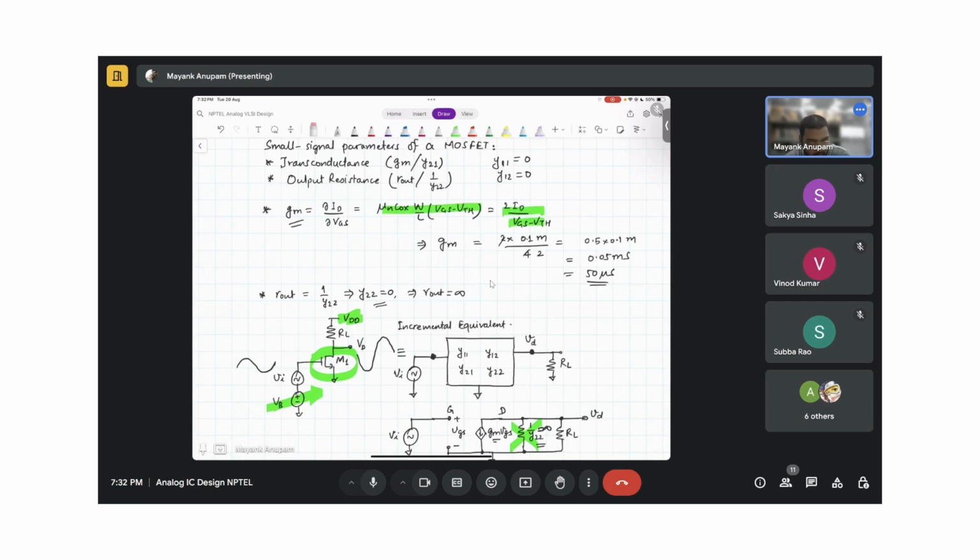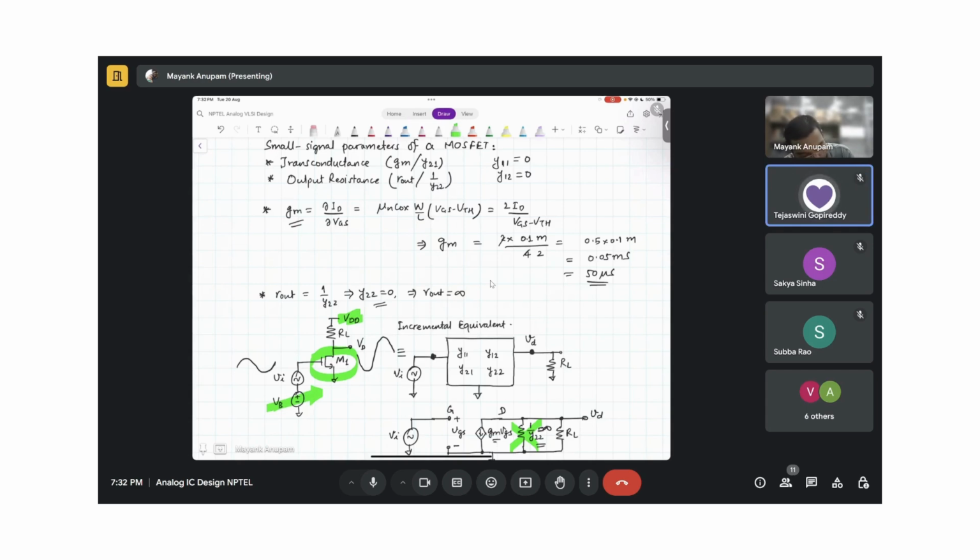Should I use this one or this one? Which one should I use for calculating GM here? 2 ID by VGS minus VTH. And why do you say that? We don't have W by L values.